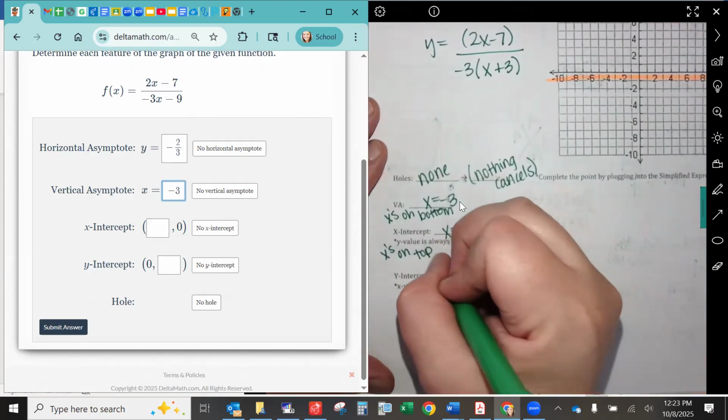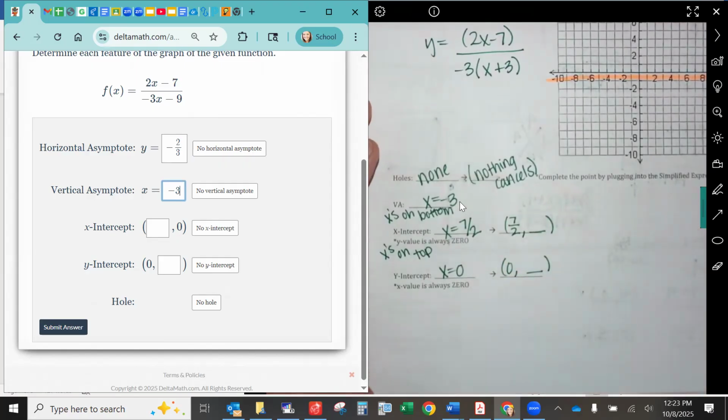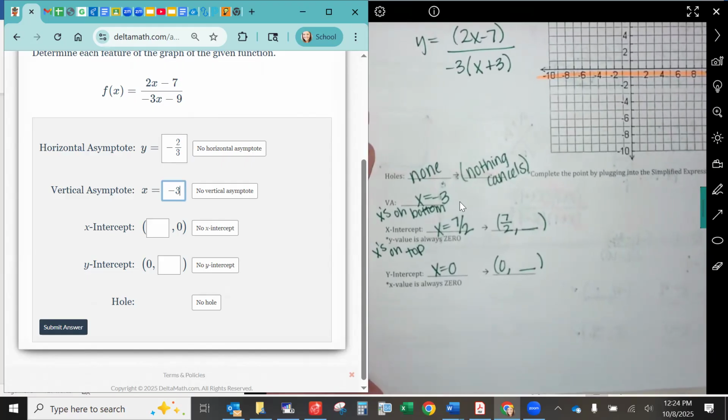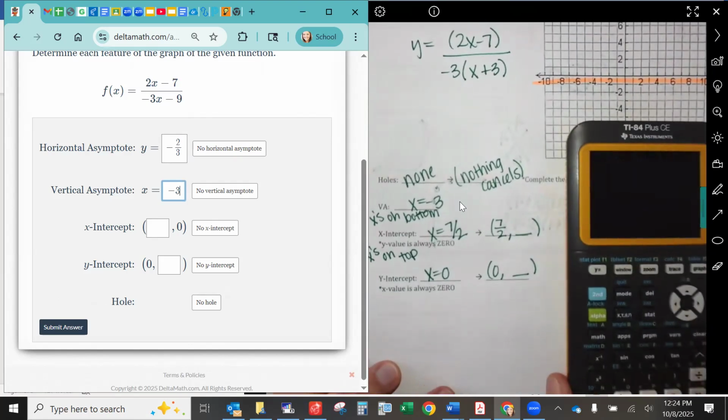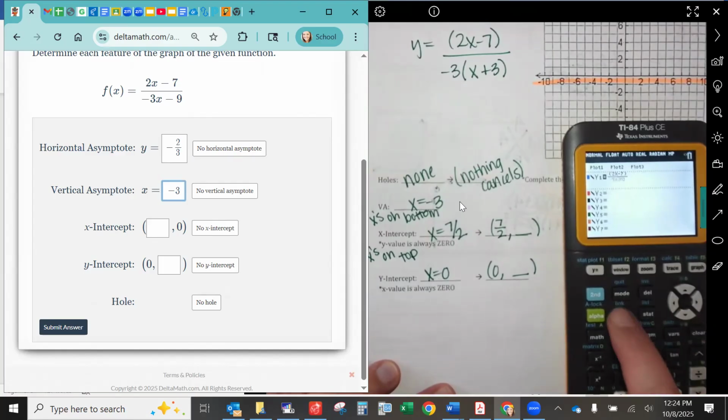The y-intercept is 0's partner, and I know I'm going to have to look that up in the calculator anyways. Now, when you type this into the calculator, are there any parts that you're not going to write? Did anything cross out that I can eliminate? No. So go into your y equals. We're doing a 2x minus 7 on top. We're doing a -3x plus 3 on bottom.